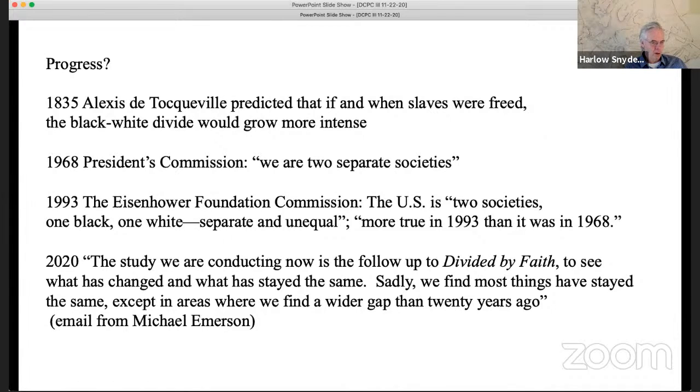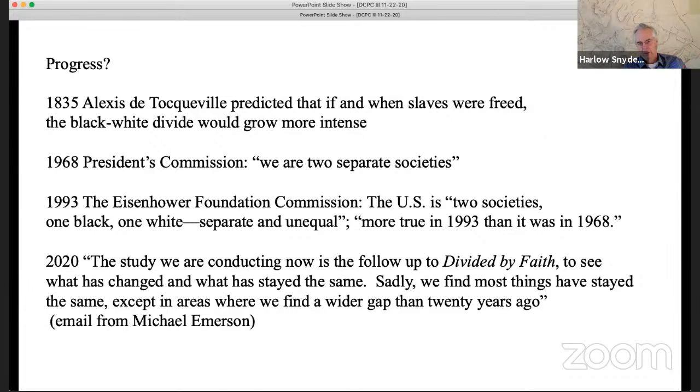And the authors of the book, Emerson and Smith, mention the 1968 President's Commission on Race and American Society, I think the Kerner Commission, which came to the conclusion that fundamentally blacks and whites are two separate societies. That was in 1968. And then in 1993, the Eisenhower Foundation did a 25-year follow-up on that study: the US is two societies, one black, one white, separate and unequal. More true in 1993, they said, than it was in 1968.